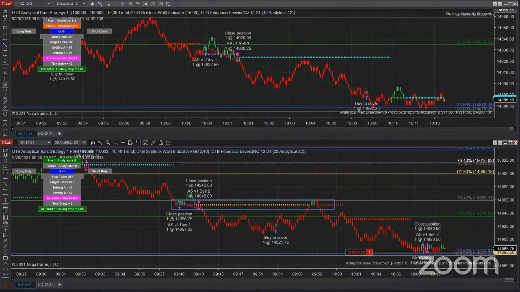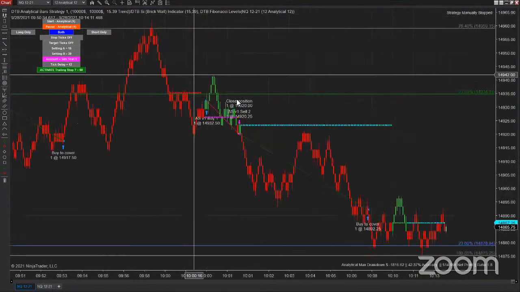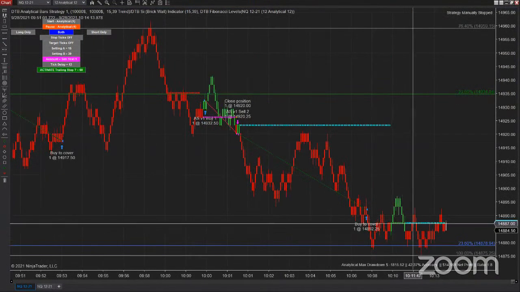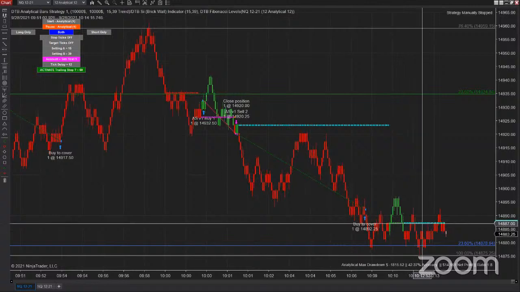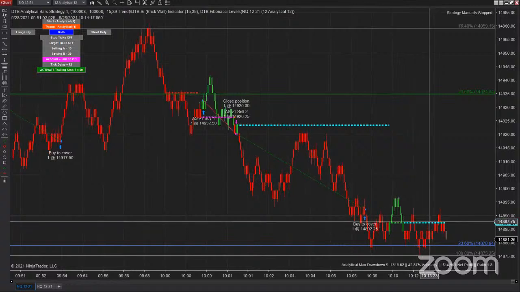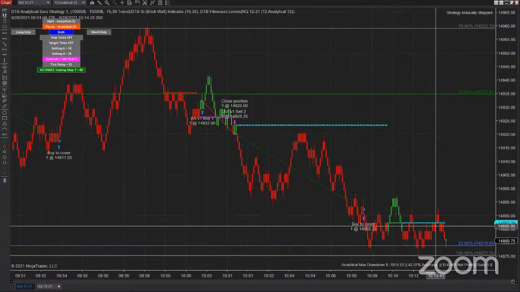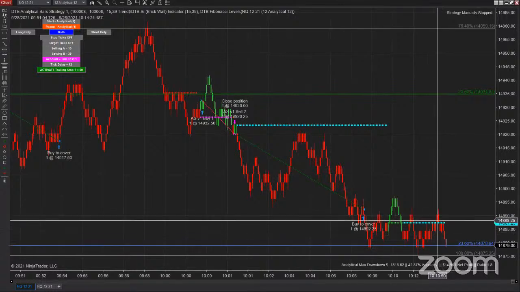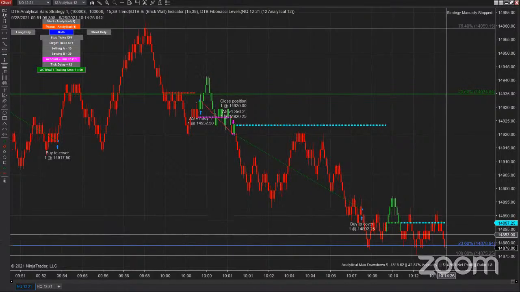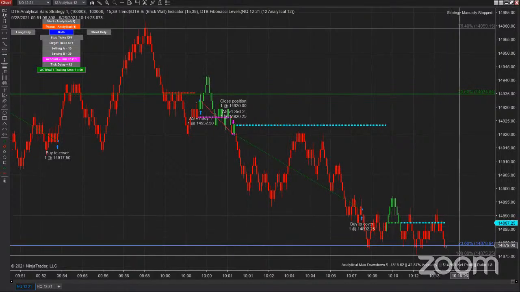So interesting position right now where the price is on this chart. We've got this optimized data series here with this indicator. There's a brick wall and there's the Fibonacci level. So one of these obviously is going to win around there.